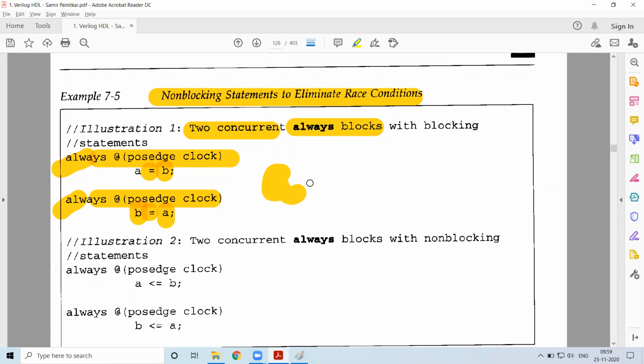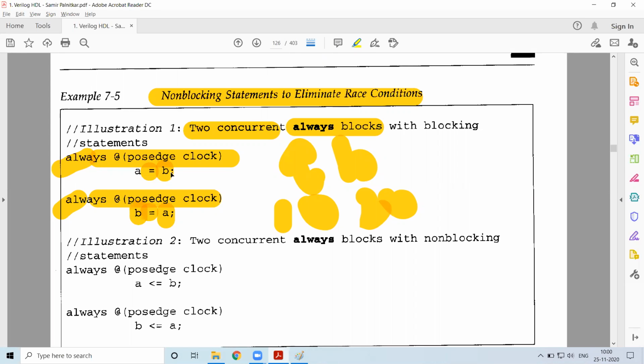So now both A and B will have the same values, and you have lost the swapping information. If A was 10 and B was 20, I wanted A's and B's values to interchange.